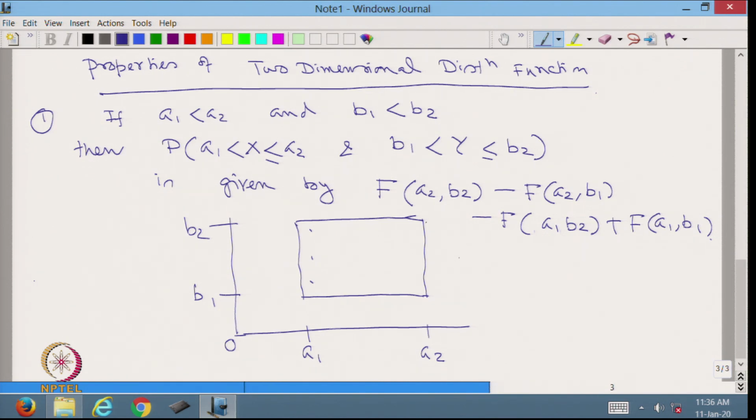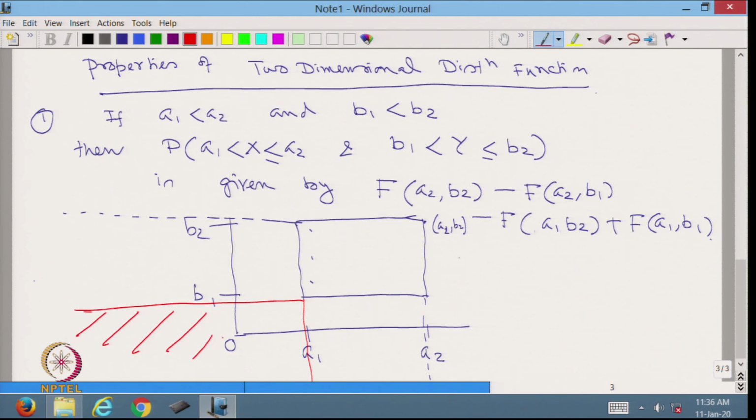On the other hand, if this is (A2, B2), then the entire area below this is going to give the probability that x less than or equal to A2 and y less than or equal to B2. On the other hand, this region is going to give us the probability that x less than or equal to A1 and y less than or equal to B1.